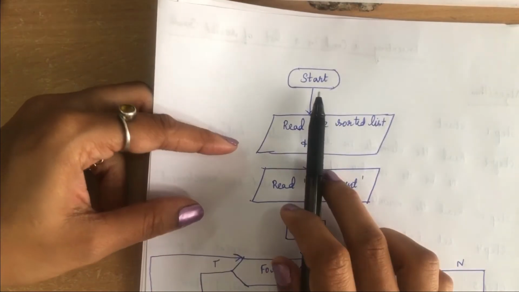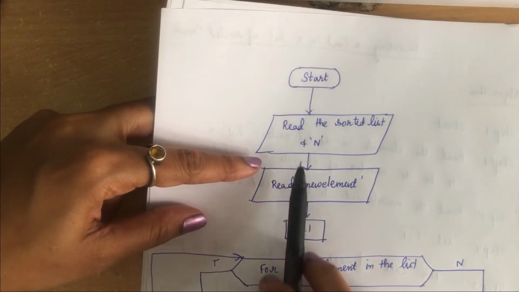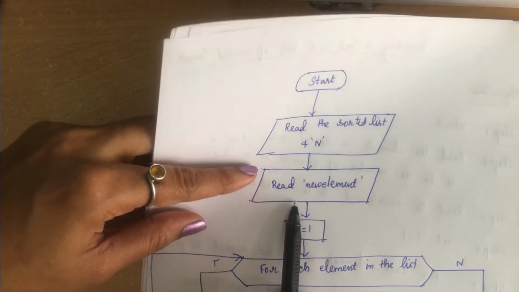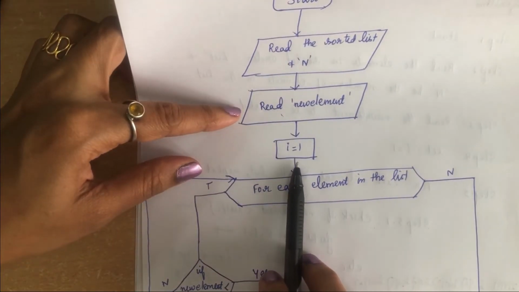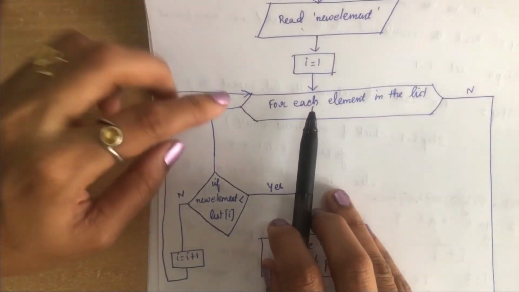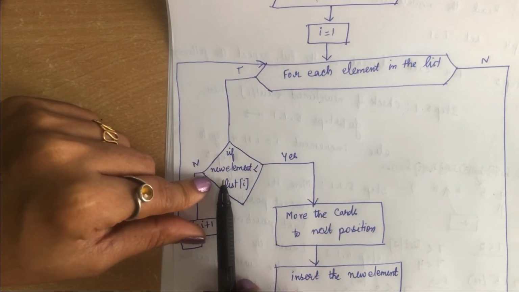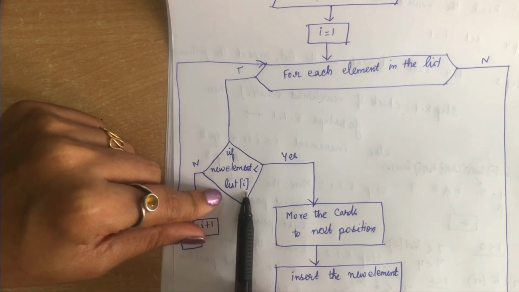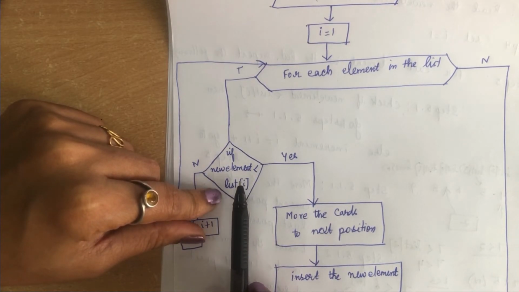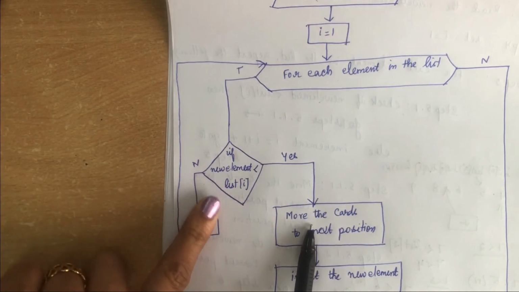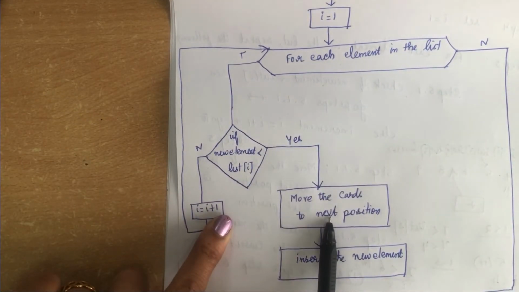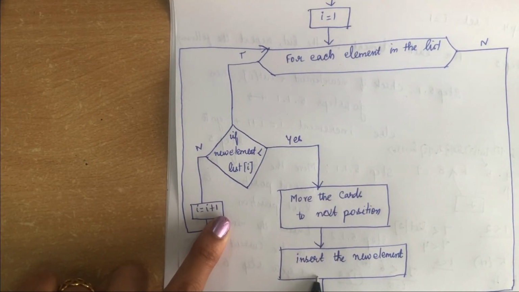Coming to the flowchart, first I'm reading the sorted list, reading n, the number of elements, and then reading the new element. I'm setting I equal to 1 for each element in the list. If this is true, I'm going to check if the new element is lesser than list of I. If yes, the element is less, so I'll move the cards to the next position and insert the new element.